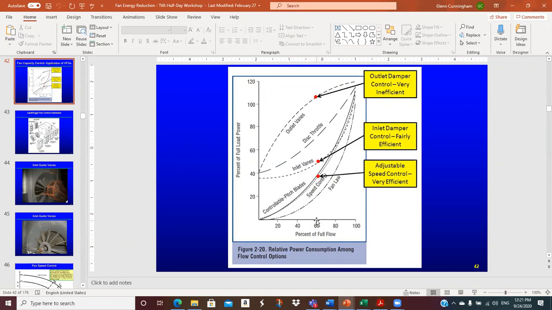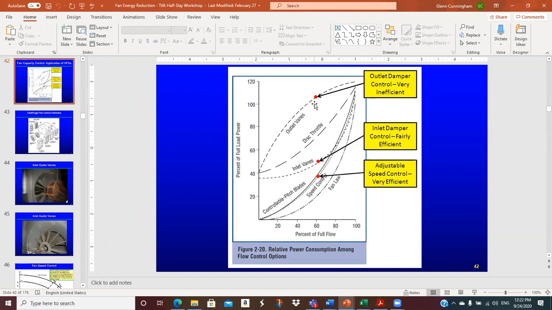For example, what if you're trying to get 60% capacity? At 60% capacity, if you're doing speed control, which would be the variable frequency drive, you're down here someplace, less than 40% power. If you're on inlet guide vanes, you're at 45, maybe not quite 50% power. So they're not as good as the speed control, but they're not terrible.